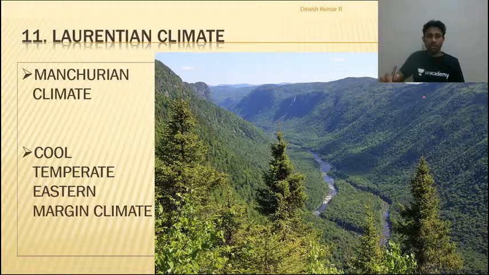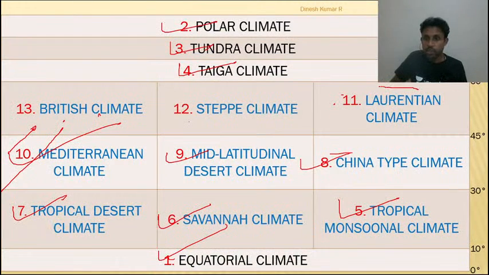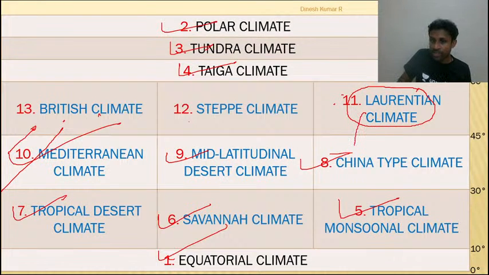So we are going to discuss the first one, this one, Manchurian. What is Manchurian? I repeat, please remember it is a transition between China type and taiga type. Why? What is that transition? China type is basically deciduous forest, open forest. Taiga type is basically conical forest, coniferous forest.